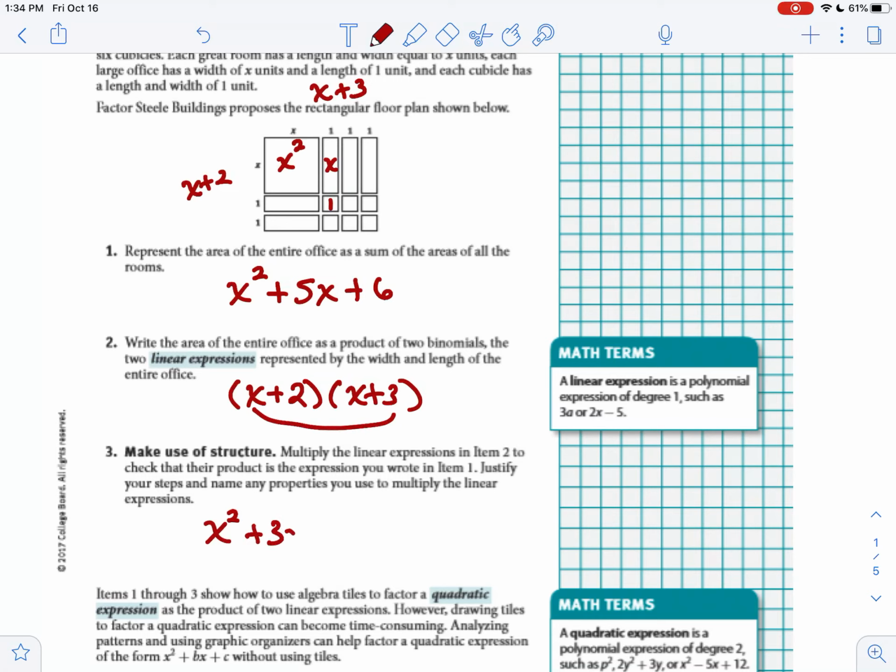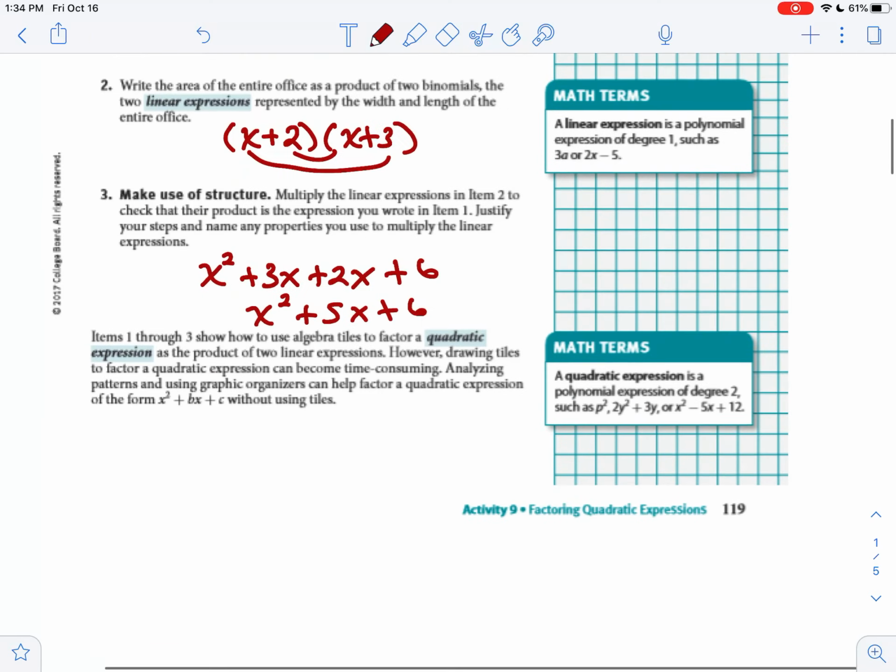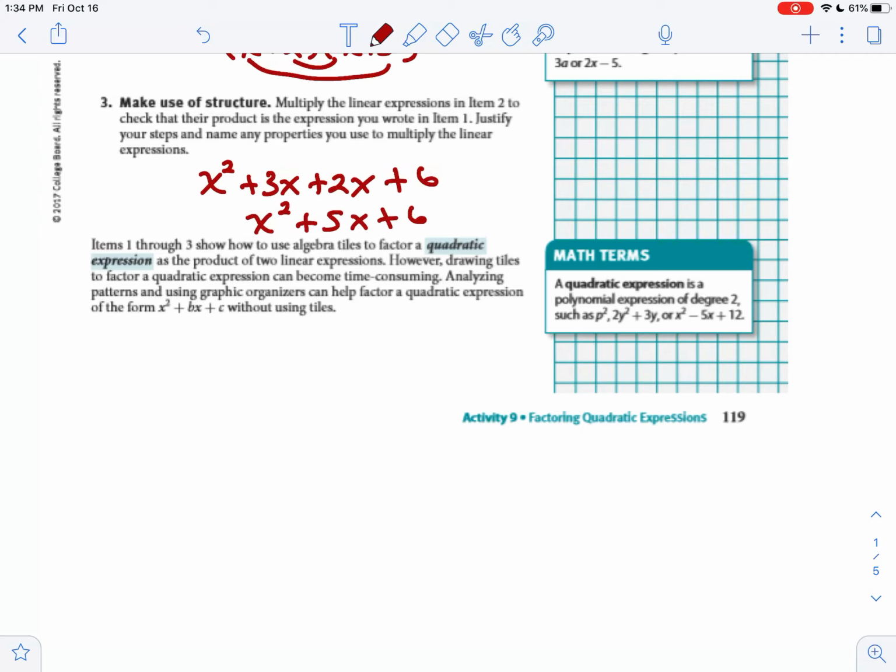So if I do x times x, I get x squared, and then we have 3x plus 2x, and then plus 6 for the last. So it's x squared plus 5x plus 6.